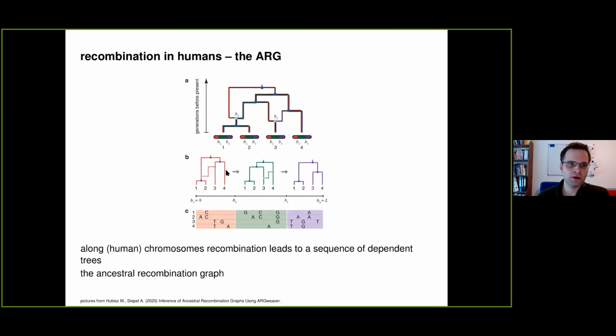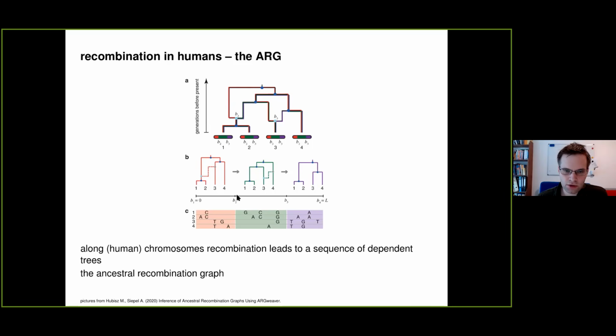If we are looking at evolution of a chromosome in a human population, then along that chromosome at some point, you'll have recombination events where both parts of the chromosome, for example, here at the point B2 along the chromosome, we have two different parents which occur here.